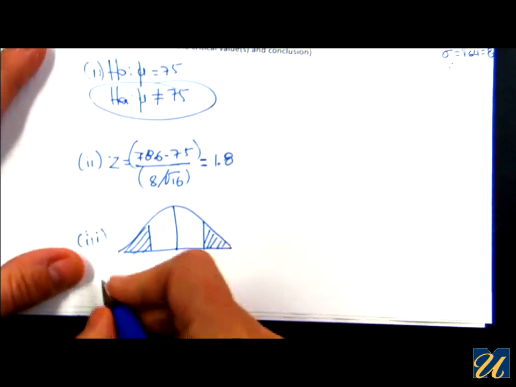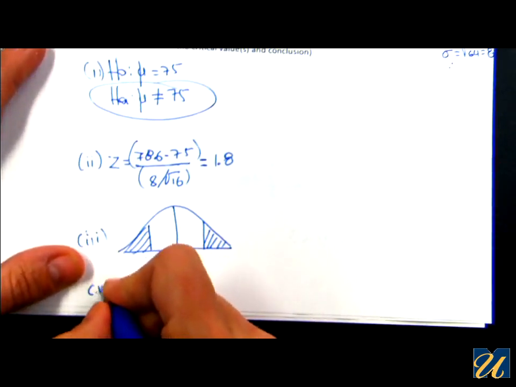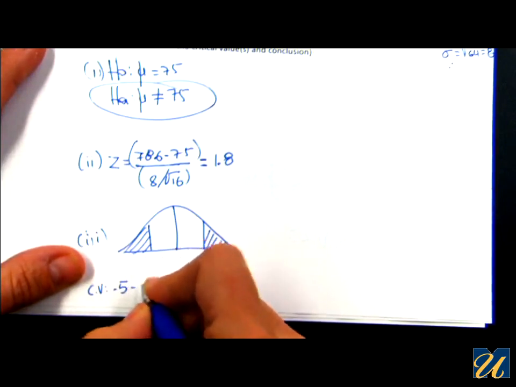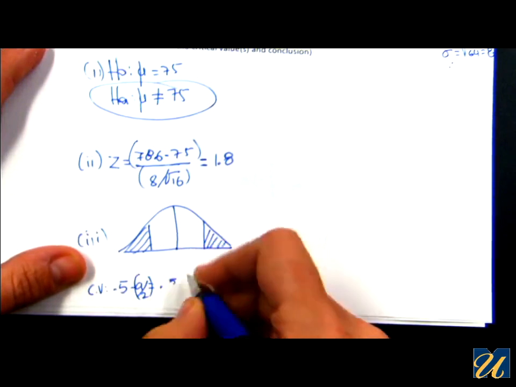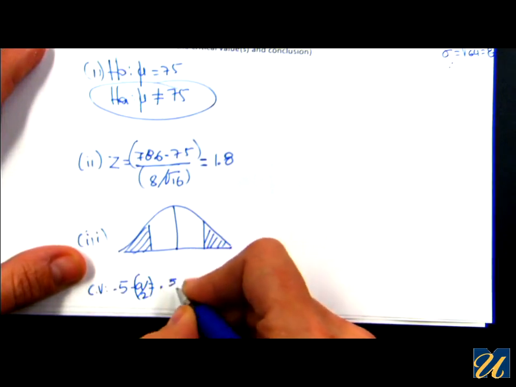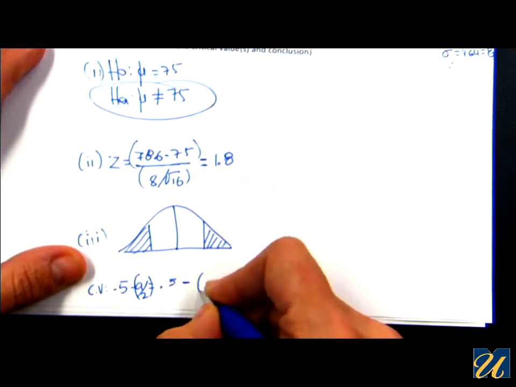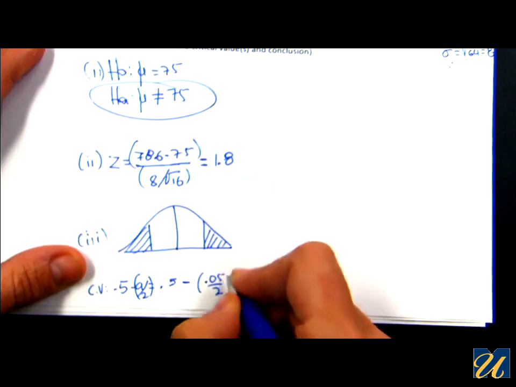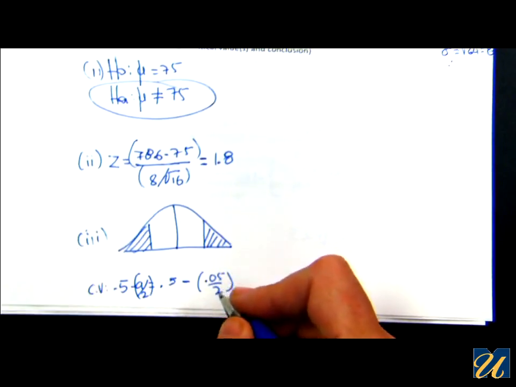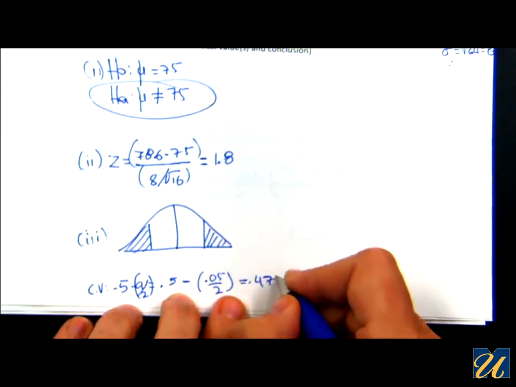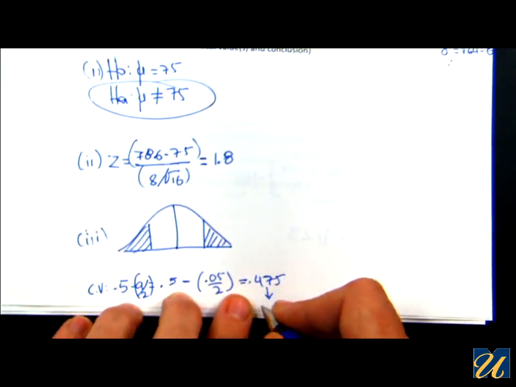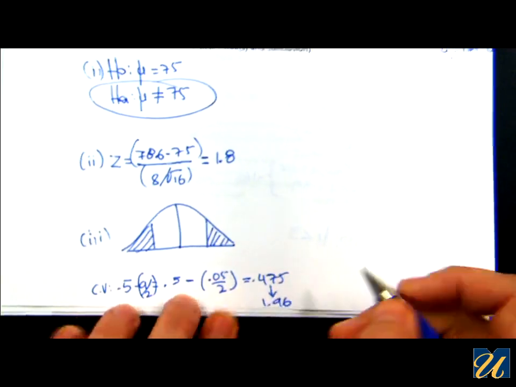Now, since I have a z-test, to find the critical values, I will do 0.5 minus alpha divided by 2. So 0.5 minus 0.05 divided by 2. This will be 0.475. 0.475 will give me a corresponding value of 1.96.